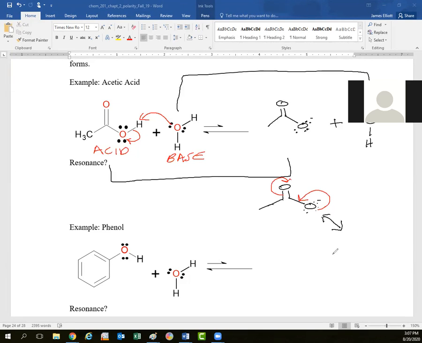Just squeeze it in here, down at the bottom. Same number of pi bonds, same number of lone pairs. Oops, just missing my oxygen here.